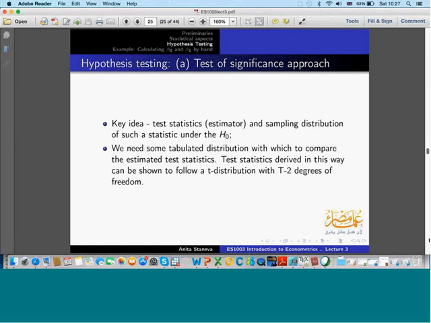And we need this tabulated distribution with which to compare the estimated test statistic, and all the textbooks provide this, so you can refer to them.